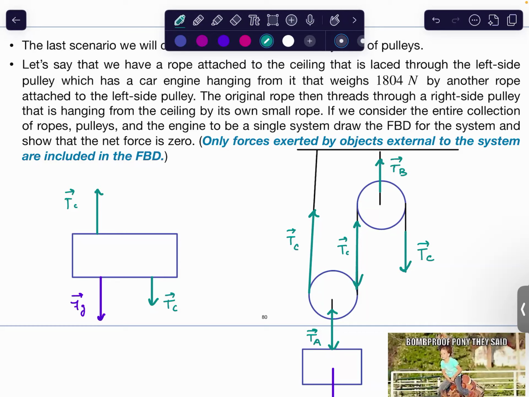And then you have the cable in the center holding up the second pulley with the ceiling. So the ceiling is doing that one too.